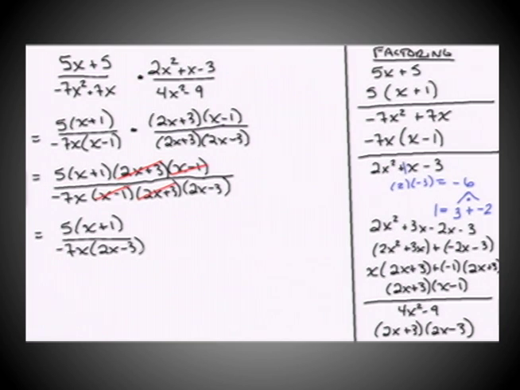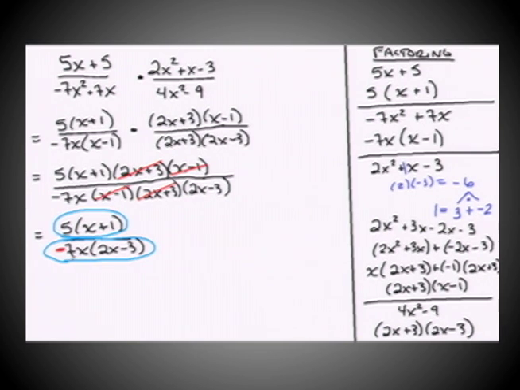And the only thing that we have left to deal with is it's bad form to have a negative leading in your denominator. So if we think about this in very general terms, we have a positive being divided by a negative. And what that means is this entire expression is going to be negative.